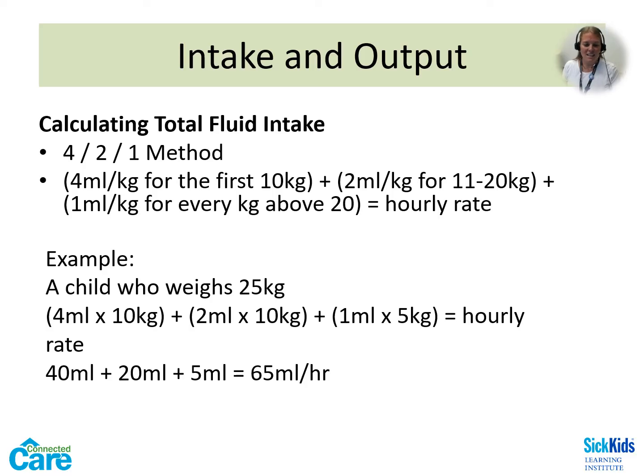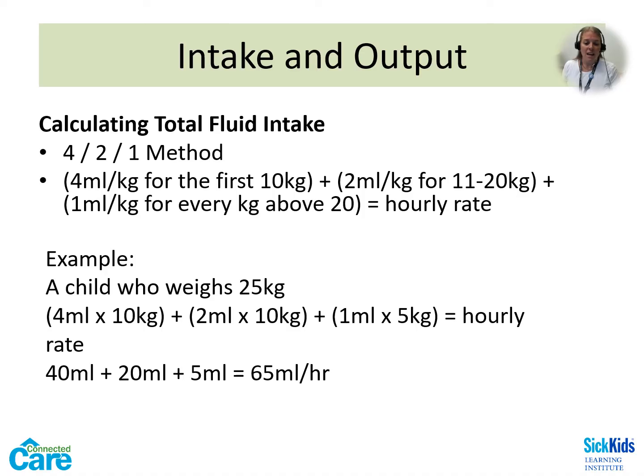Now I understand that that sounds confusing, so let's look at an example. On the slide, you can see an example for a child who weighs 25 kilograms. If we were looking at the TFI for each hour, we would look at 4 milliliters for the first 10 kilograms.